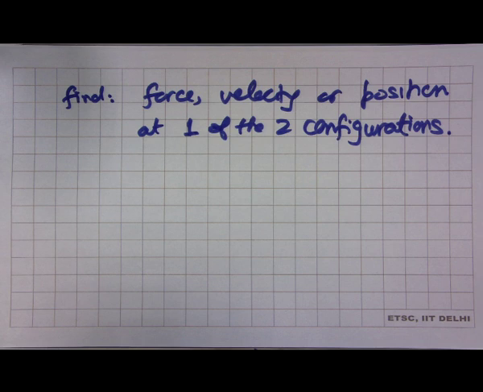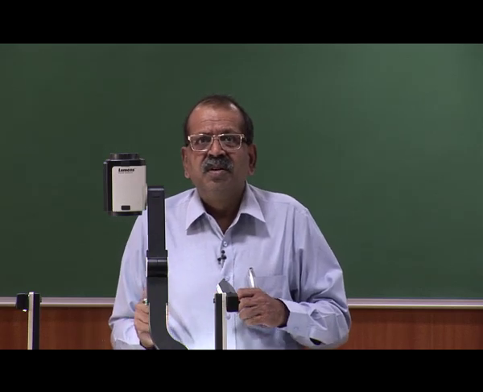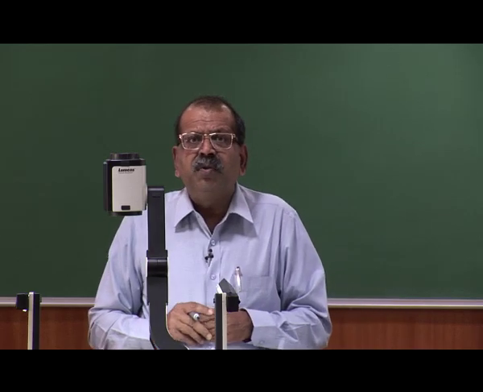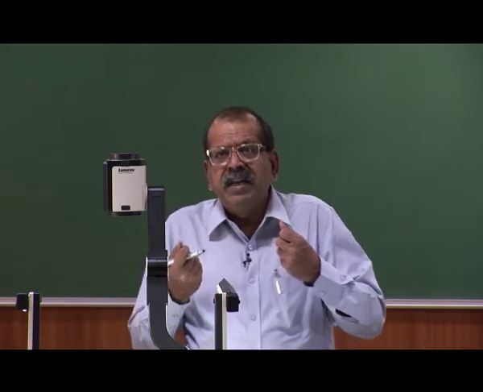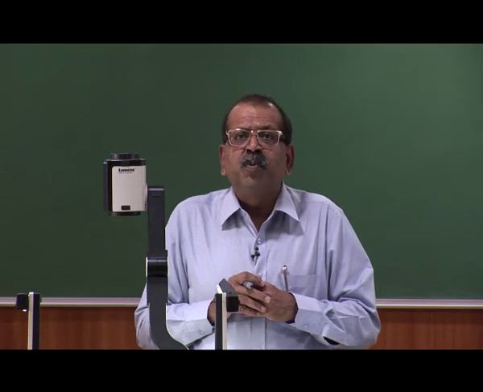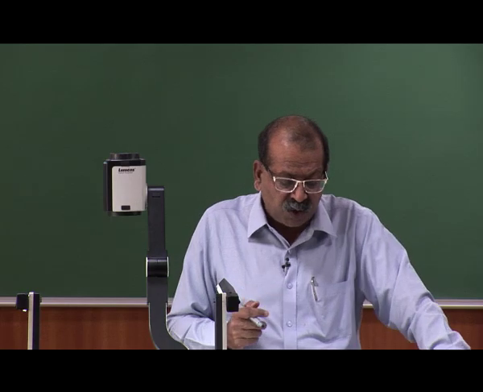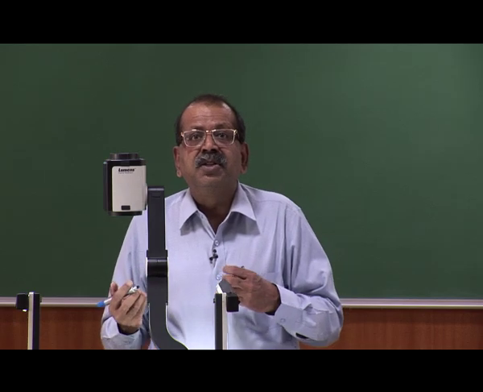In general, what you will find is that when we use energy methods, we will not be finding accelerations, because when we use the energy method, what we are doing is we are taking Newton's law, which is F is equal to ma, and we are integrating this with respect to position, with respect to dr. We take F dot dr, that is what gives us work done, and on the other side we get the change in kinetic energy.